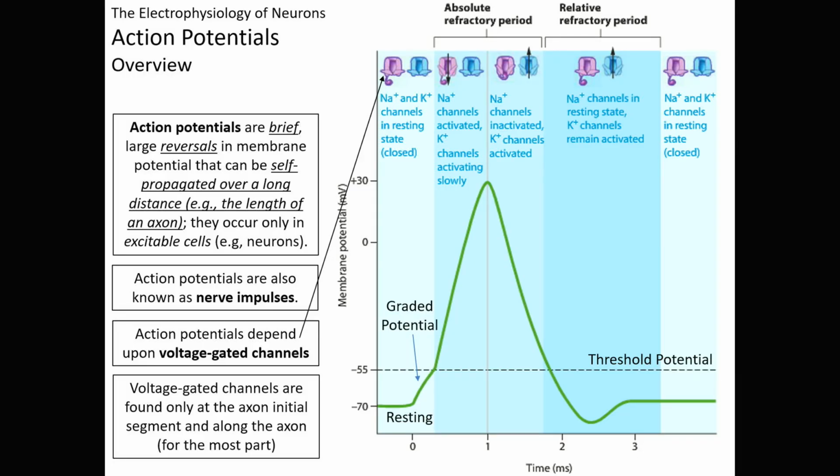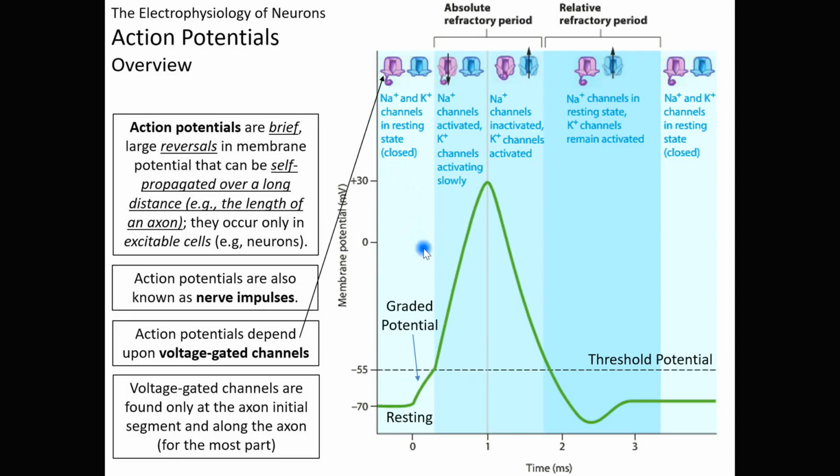And what we'll notice is, again, the whole time that the membrane potential is increasing towards the threshold value, these two channels, the voltage-gated sodium and voltage-gated potassium channels, are still closed, even as the membrane potential is rising and becoming more positive. These channels are still closed.